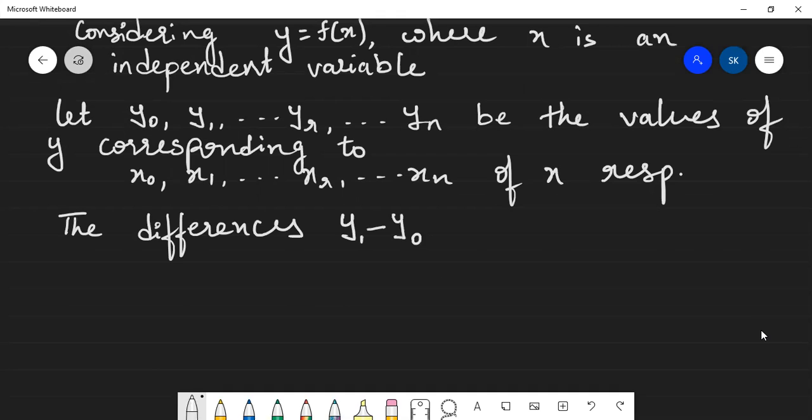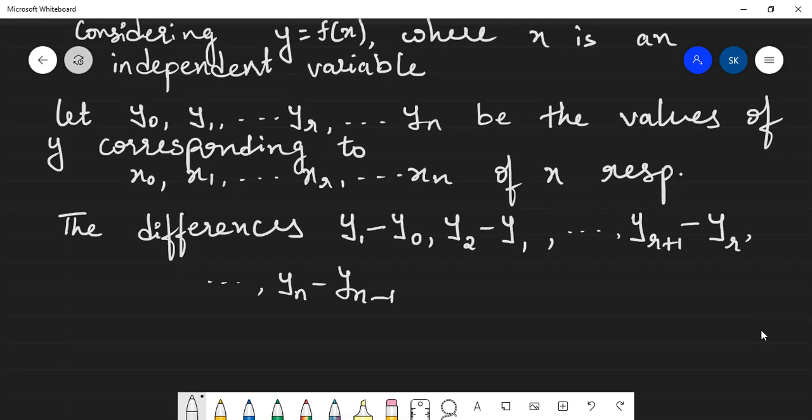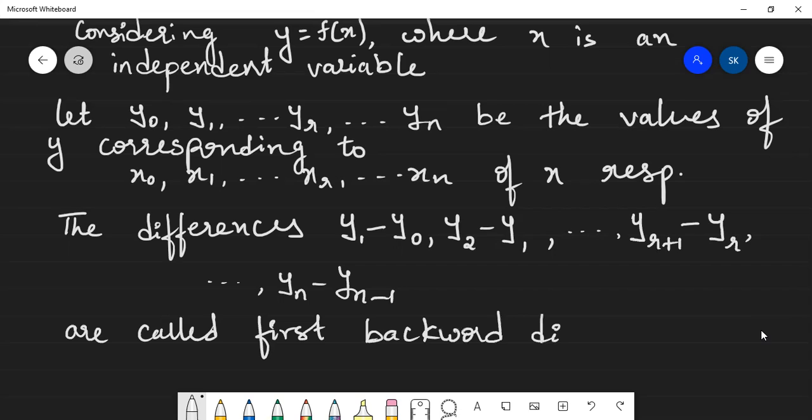The differences y1 minus y0, y2 minus y1, so on, yr plus 1 minus yr, so on, yn minus yn minus 1 are called first backward differences of y. How are they represented now?